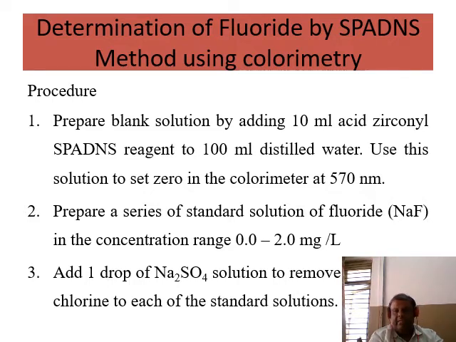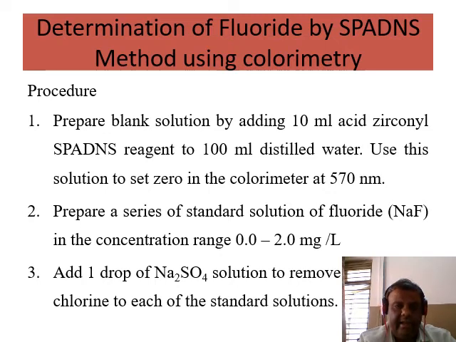So in 100 ml of distilled water, 10 ml of acidic zirconyl SPADNS is added. Then the homogeneous solution is used in the colorimeter at 570 nanometer to set it to 0. To set it to 0 means the instrument has to read 0. For that purpose, the blank solution is prepared.